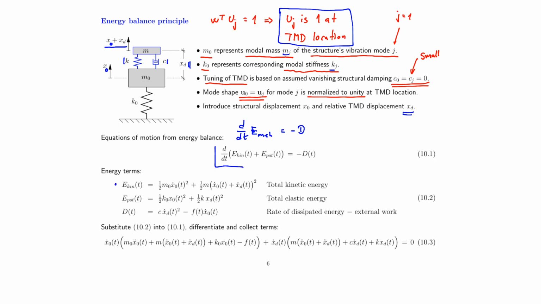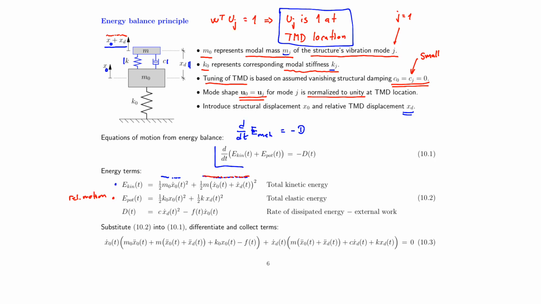So the kinetic energy is equal to the mass of the structure multiplied by the velocity of the structure plus the mass of the TMD times the absolute velocity, and this absolute velocity corresponds to the time derivative of this absolute motion. So kinetic energy is always based on absolute motion. However, potential energy corresponds to deformation. That means that it is due to relative motion, also referred to as deflection and deformation.